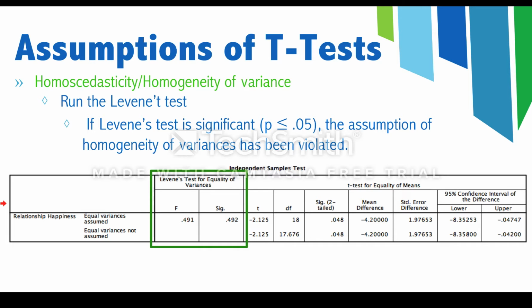However, if your Levene's test is non-significant, meaning that your p is greater than 0.05, then the variances are roughly equal and the assumption is tenable. In this situation, you will look at the significance value, which is 0.492. This is greater than 0.05, so we have homogeneity of variance.